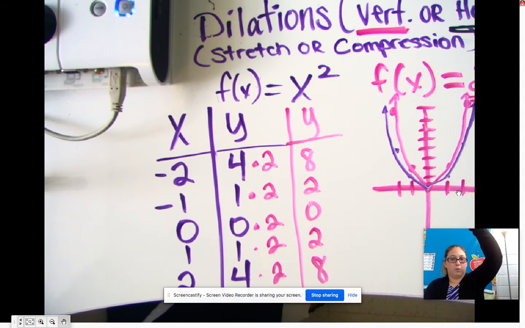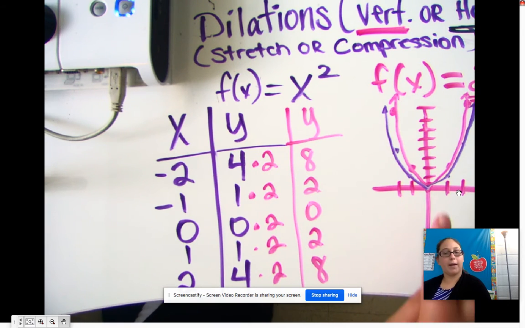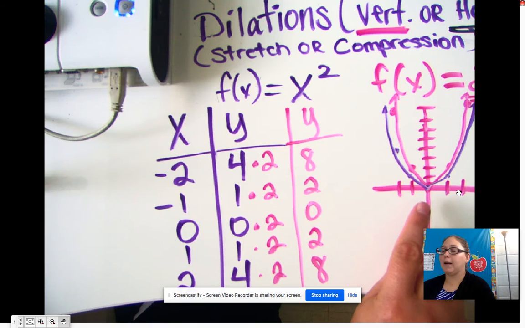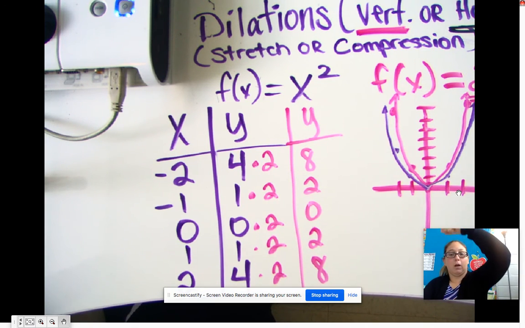The y values got bigger, so my graph kind of got longer. Not by a lot, because 2 is not a huge number. If we did 4 or 5 or 6, it's going to just keep getting skinnier and skinnier, which means it's a longer stretch, a vertical stretch.